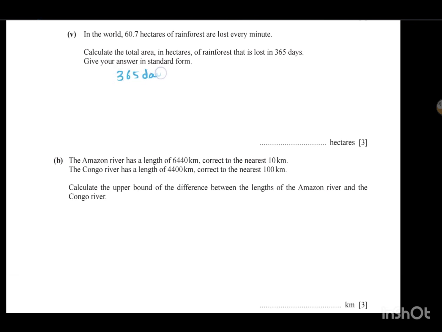365 days is equal to 365 into 24 hours in a day into 60 minutes per hour. Now we have to multiply this with 6.7 hectares. So area of rainforest lost 6.7 is for 1 minute.